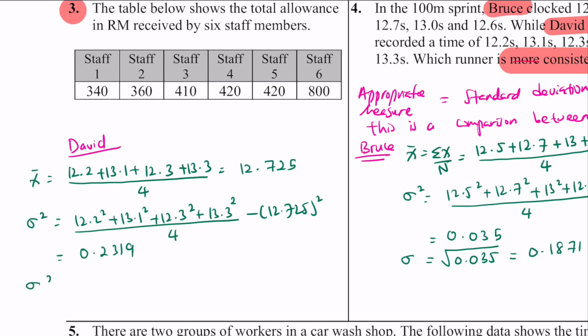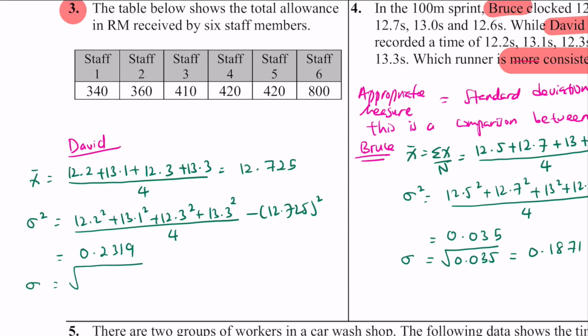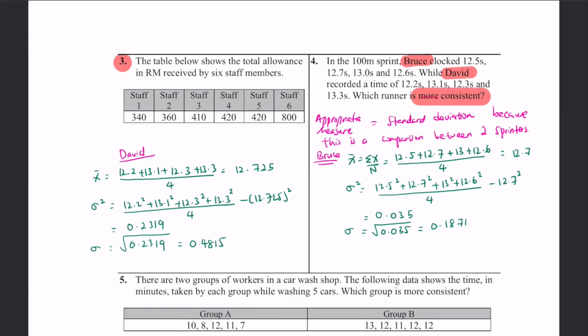So your standard deviation, square root your variance and you will get 0.4815.